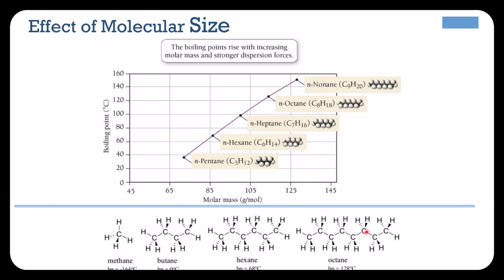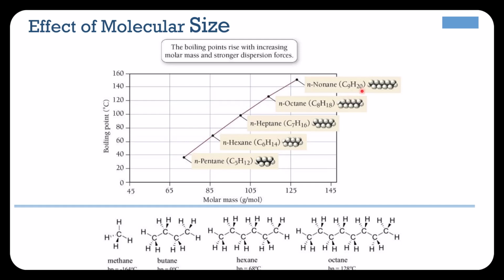So all of that to explain to you that what we're picturing here as we move up this chart is these molecules are getting bigger and bigger, okay? If I look at the chart, they're getting bigger by 1 carbon atom at a time. So 5 carbons, 6 carbons, 7 carbons, 8 carbons, 9 carbons. They're also getting bigger based on the number of hydrogens. So this one has 12, this one has 14, 16, 18, 20.